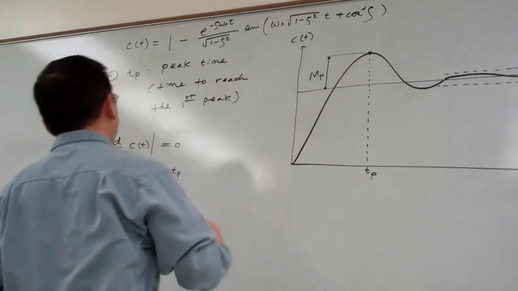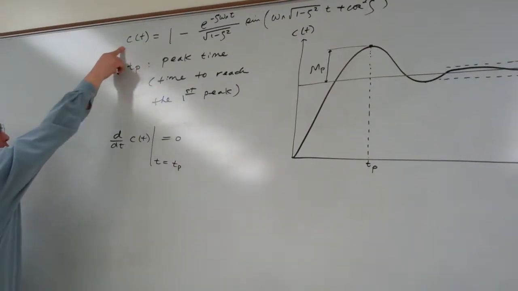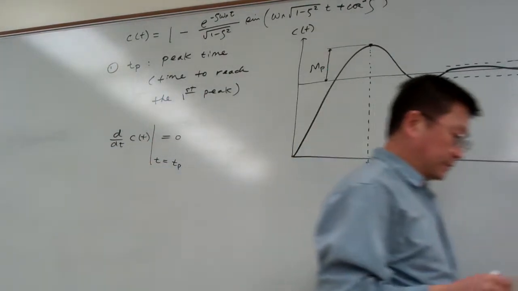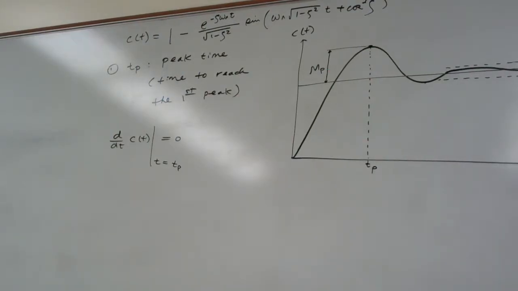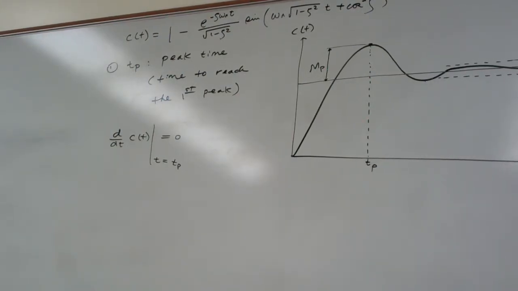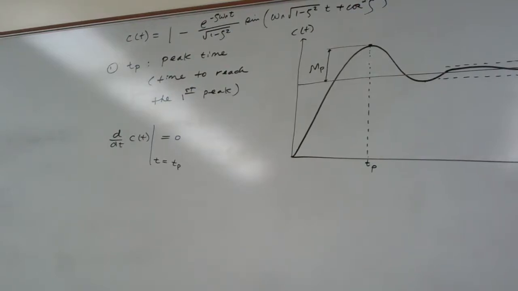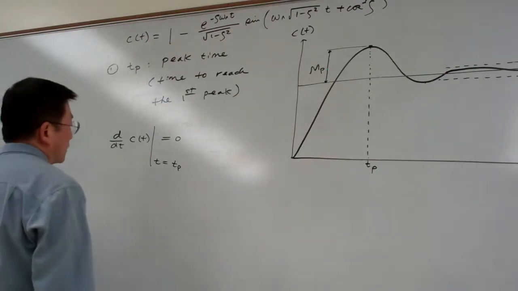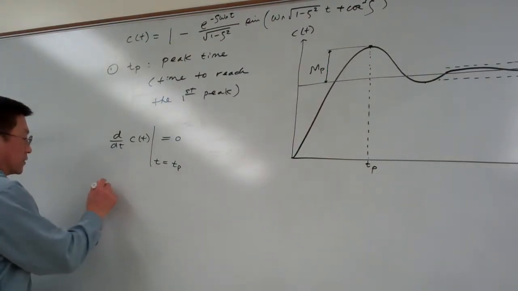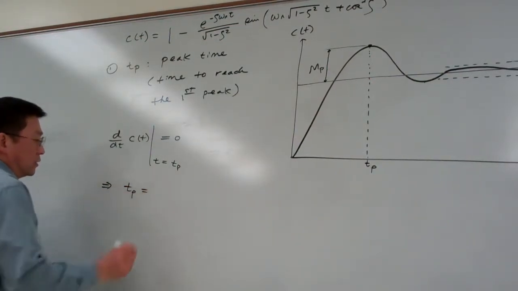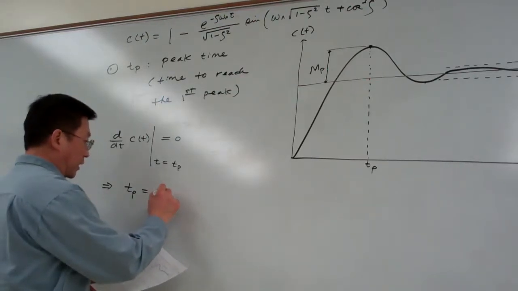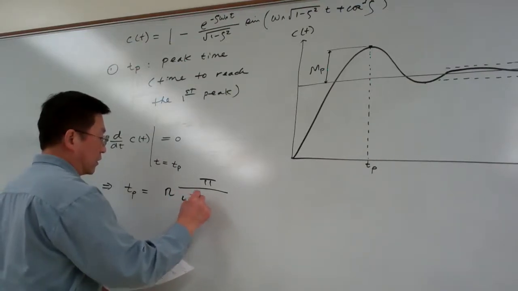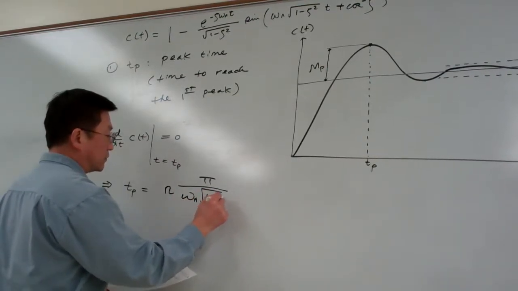Okay, so basically we are given this formula, we are given this description, we can easily take a derivative of that. So by taking this, after a few steps of calculation, we can determine TP will be equal to n times pi over omega n square root of 1 minus zeta squared.